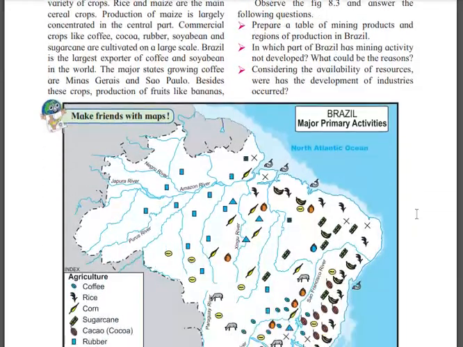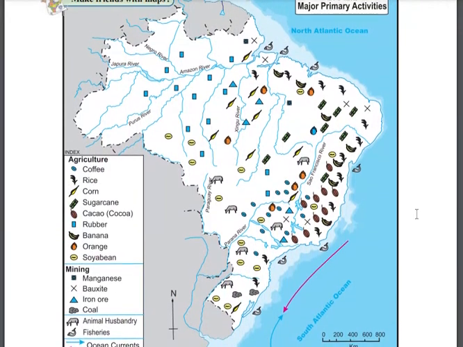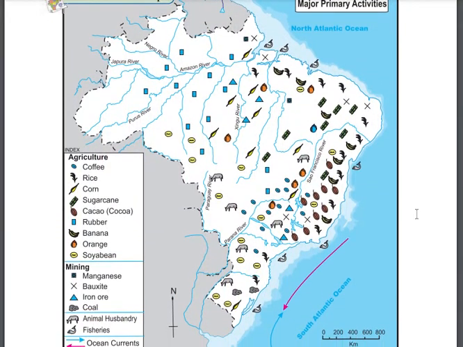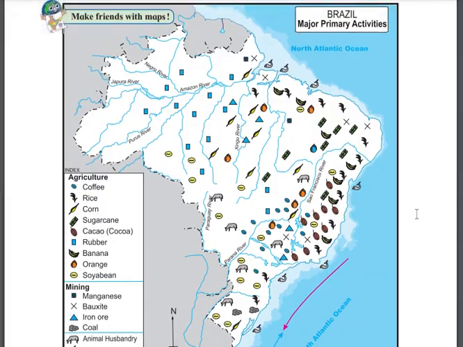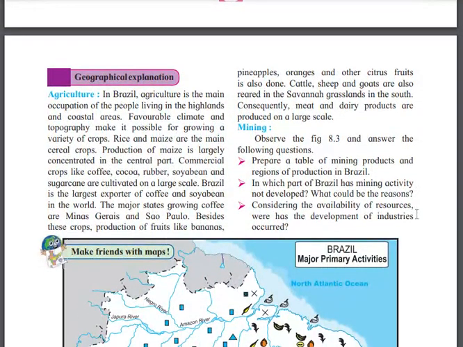If I talk about agriculture in the highlands, are they practicing it? Yes, definitely you will see it over here in the highlands. Soybean and more. The production of maize is largely concentrated in the central part.